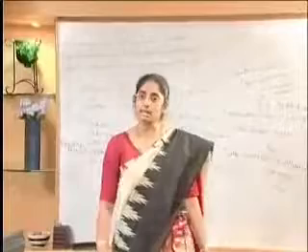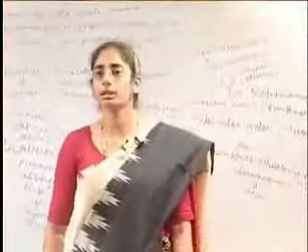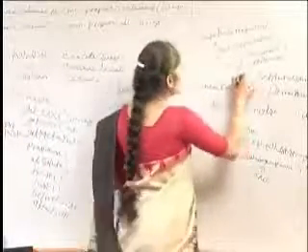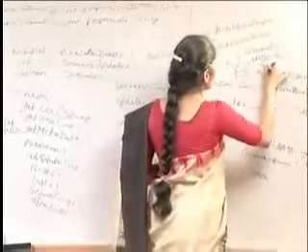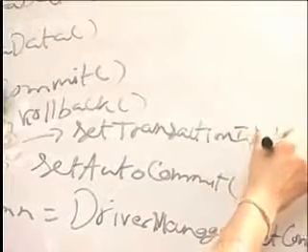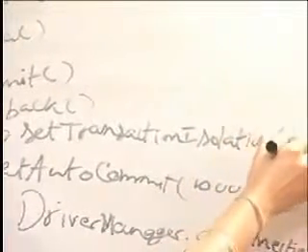Now what is this transaction isolation level that we just mentioned? In the connection interface again, we have a method called setTransactionIsolation of int.